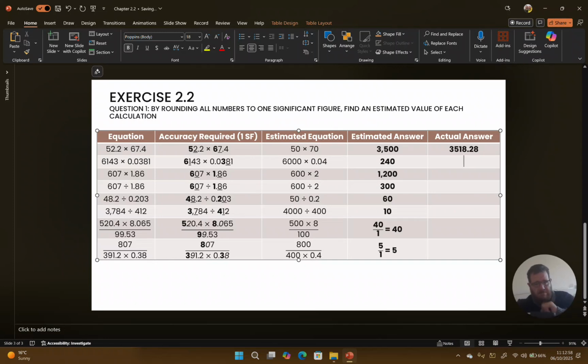The next one is 6,143 times 0.381. So we're basically finding 3.81% of that, which should be the following.